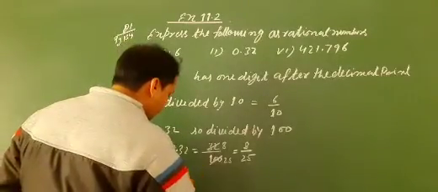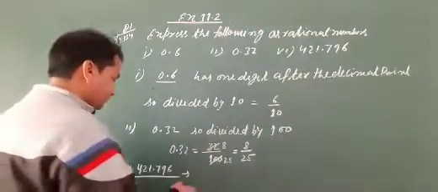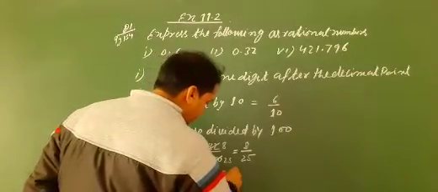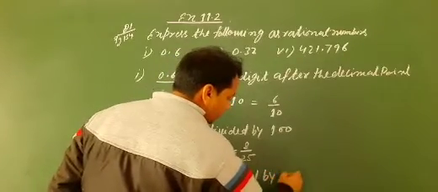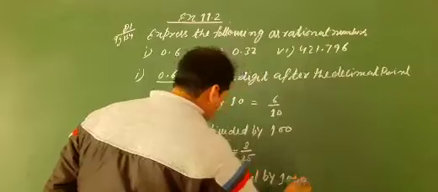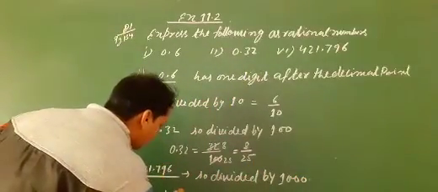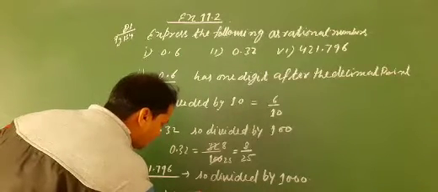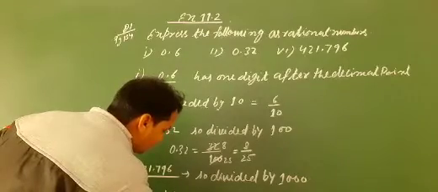So this number is divided by 1000. So this number in the form of a rational number is 421796 by 1000.